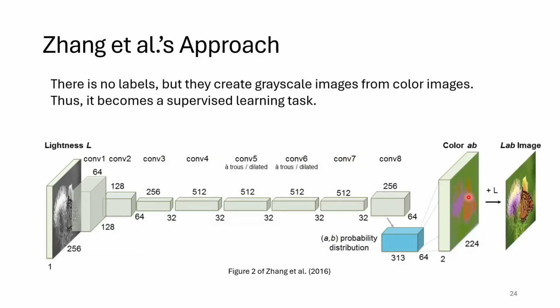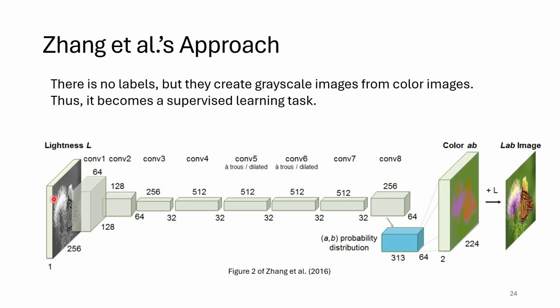Because suppose we have a lot of colorful training images, we can easily create the grayscale ones. Therefore, we have a lot of paired training images: the colorful and the grayscale. There's no label, no problem.